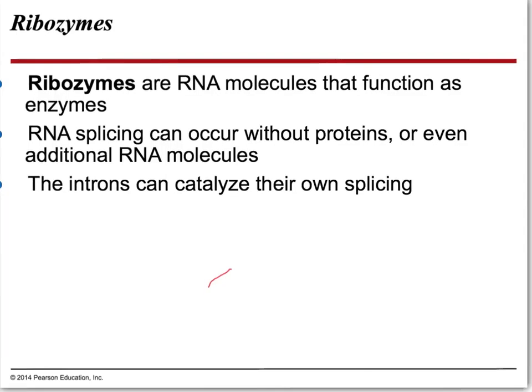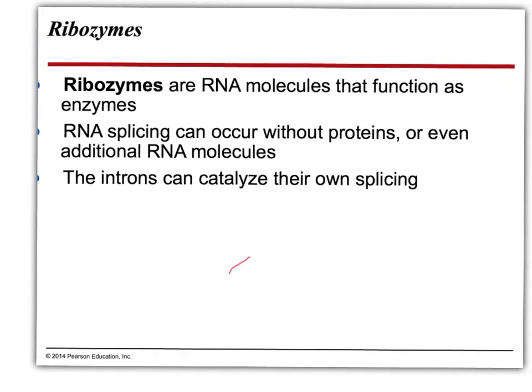There's a ribozyme. So that enzymatic function that I talked about, cutting out the intron, is actually done by an RNA, an RNA molecule that has enzymatic function. So we're talking about a non-protein molecule that's functioning as an enzyme.